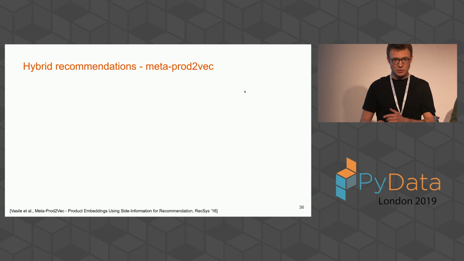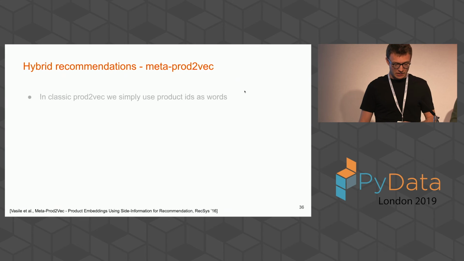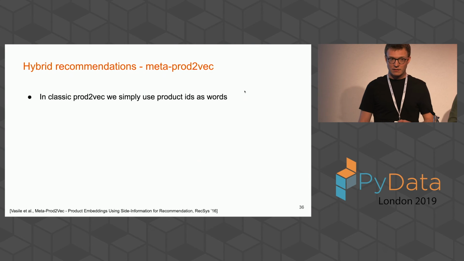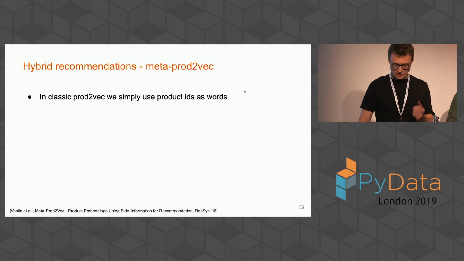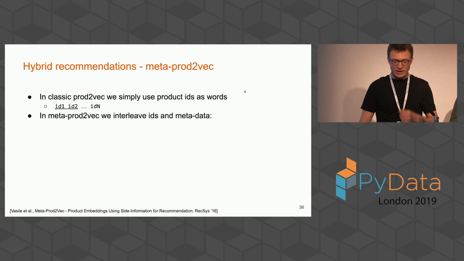Okay, the second approach we also experimented with that tries to solve the same problem is metaprod2vec. It was the idea described in this paper. Basically, instead of training skipgram on just product IDs, as Maciej described earlier, we enrich those sessions with metadata identifiers.